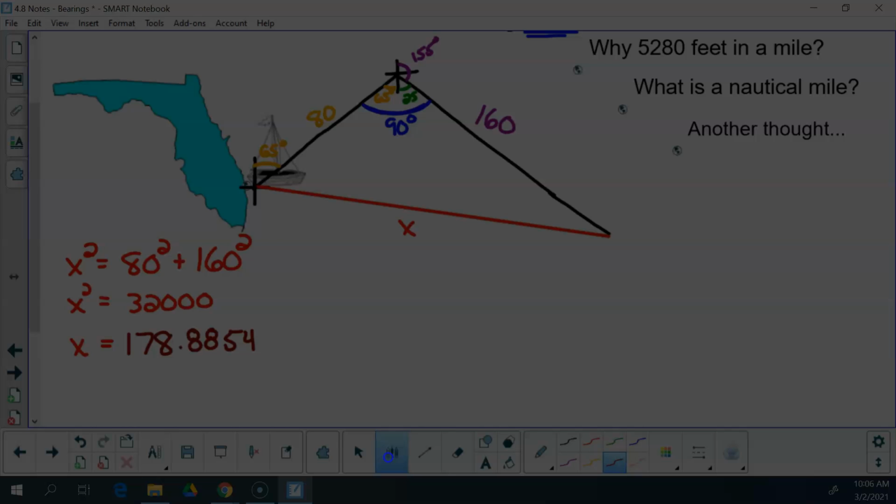So we are 178.9 nautical miles, and the symbol for nautical miles is NM. Okay. NM is the symbol. Really, technically, it's lowercase. I should make it look proper. So the boat is that far away.